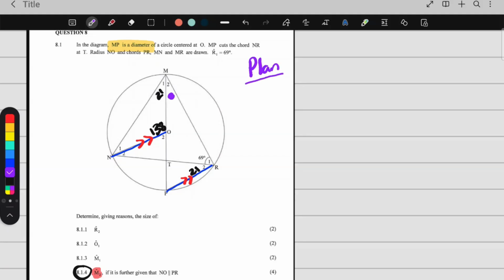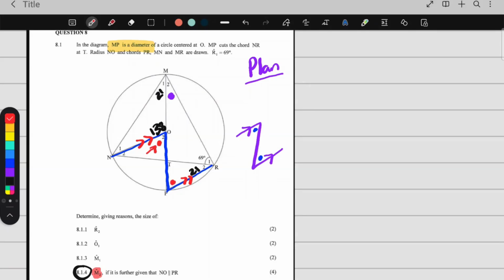I'm going to plan, and before I get to M2, I'm going to work out other angles first. Grade 12s, do you know if you have a Z like this and this line is parallel to that, then this angle is equal to that, alternating angles. Can you now see the Z over here? So this angle is equal to that angle.